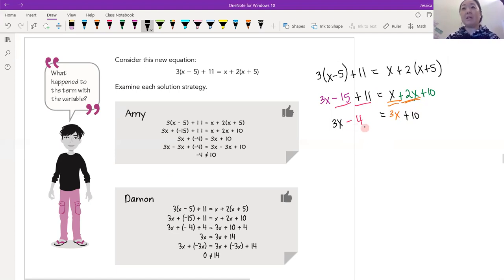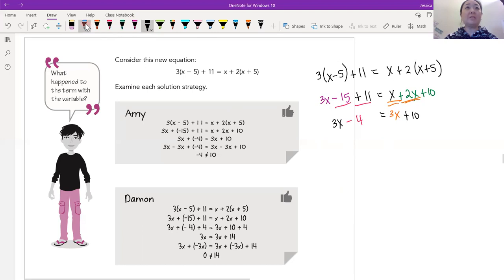And then from here, what are we going to do? Remember, we get the x's together. If you don't like getting the x's together because they fight all the time, I'm just kidding, then get the numbers together. But I like getting the x's together so that I know exactly where I need to go, because the x is only on one side and it's not confusing. I think that confuses a lot of people.